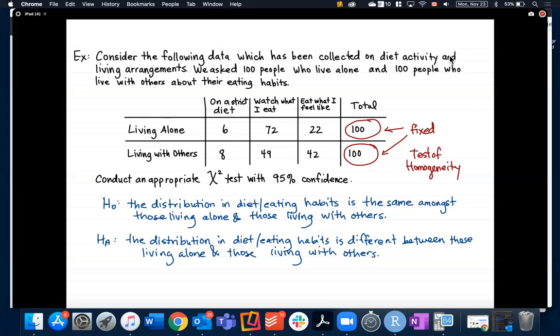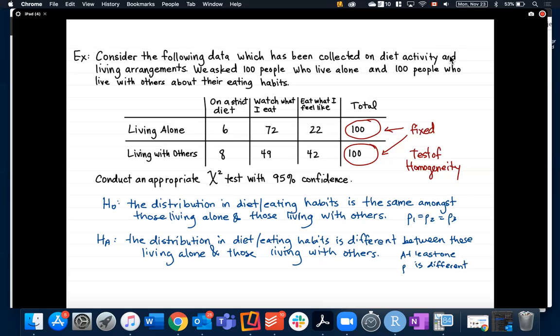Some textbooks will talk about the proportion in each of the different groups as being the same, right? So they'll say P1 is equal to P2 is equal to P3, where P1 is the proportion on a diet, P2 is the proportion watching what they eat, and P3 is the proportion who eat whatever they feel like. And then the alternative here will be at least one of the P's is different between the two groups, or something like that.